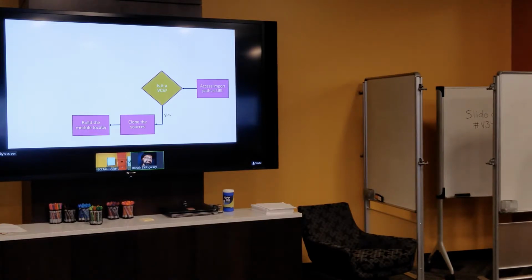A module is an archive of a package or more than one package, a version archive, and then it will be saved in your local cache. As I mentioned, now we have a local cache, and then it is served to the compiler to compile everything with it. And this is just an archive of sources, so during the build, it will be unarchived and everything built together.